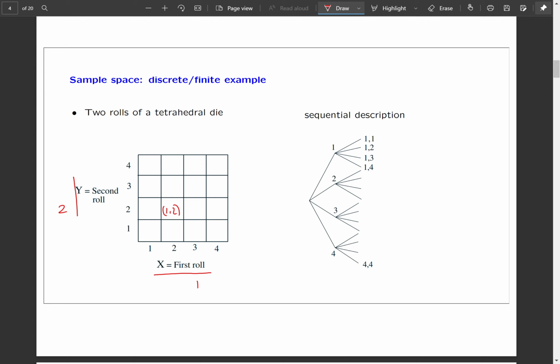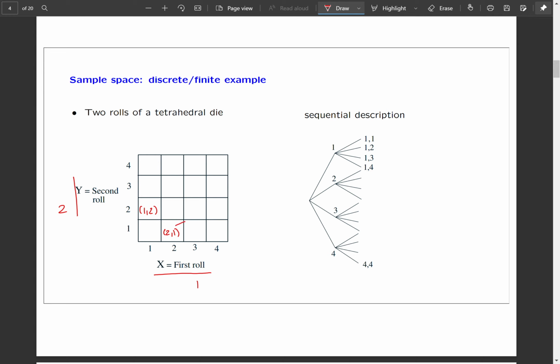Now let's say there's a different outcome with 2 comma 1. Those outcomes are related. They are very close to each other, but they are not the same. They are distinguished by the order in which they occur.